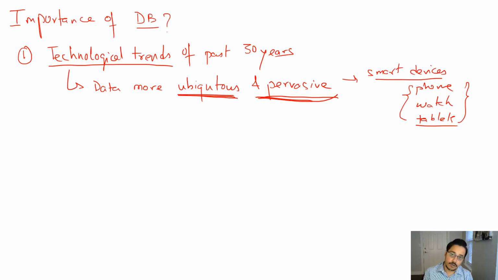You don't have to go to specific terminals or specific portals in order to access a device which is capable of communicating over the internet or over a network, okay, a personal network. So those changes have made data quite prevalent.